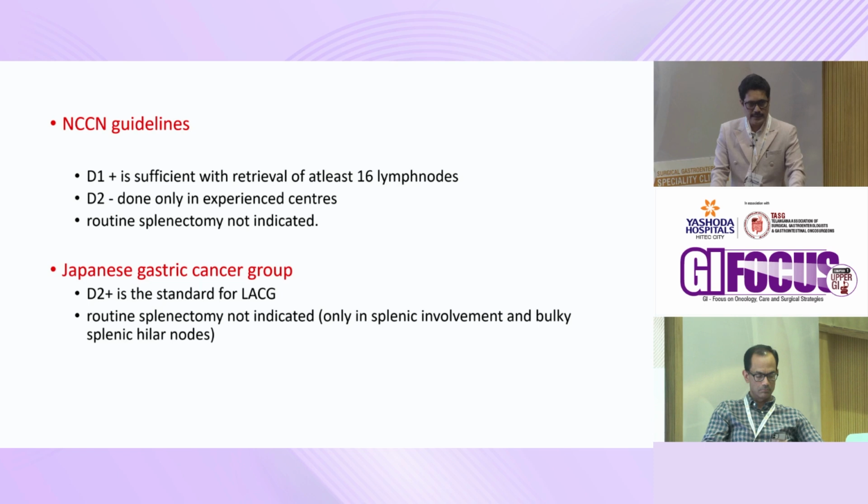They say D2 plus is mandatory for all locally advanced gastric cancers, irrespective of their post-neoadjuvant therapy response status. And routine splenectomy is not indicated even in this trial. Only in very bulky splenic hilar lymph nodes, as I said, for want of a complete lymphadenectomy, we should add a splenectomy if we are not going to add much morbidity to them.